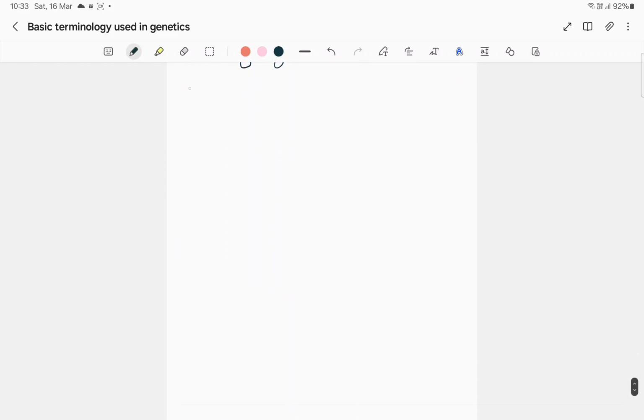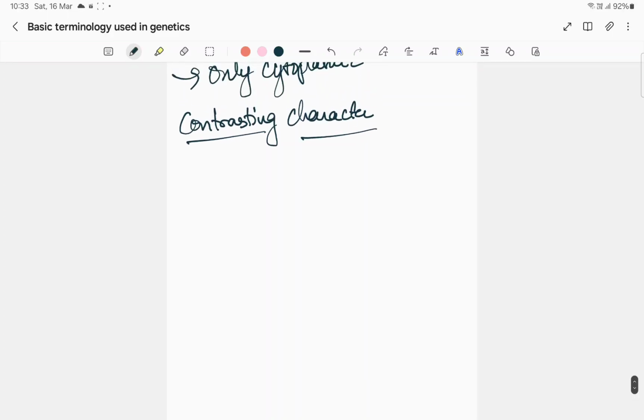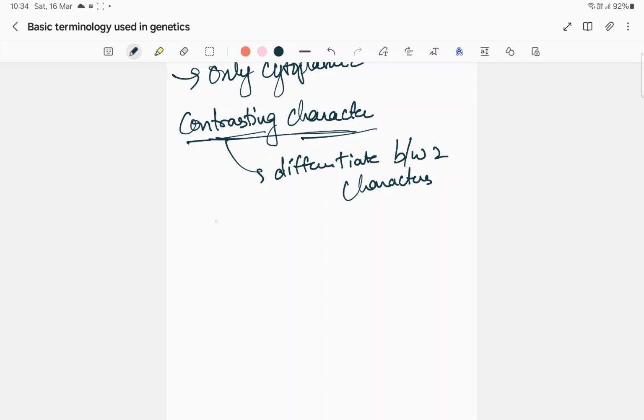And contrasting characters. What do contrasting characters generally mean? We have to be able to easily differentiate between two characters. If we can differentiate between two characters, then those characters are said to be contrasting characters.